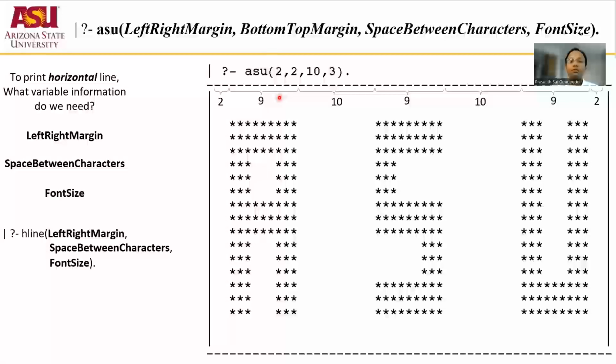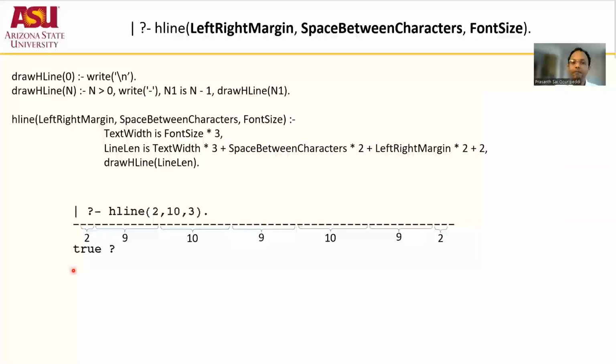So a simple function called horizontal line can be written of this format, which takes in the left and the right margin, the spaces between the characters, and the font size to produce the horizontal line. The code is a very, very simple code. All it does is it writes a dash or a minus symbol number of times the characters that have to be printed. So if you look here, this part of it we understand from our previous slides.